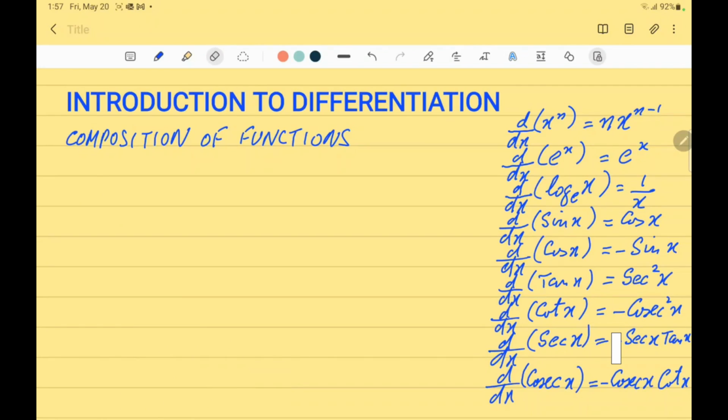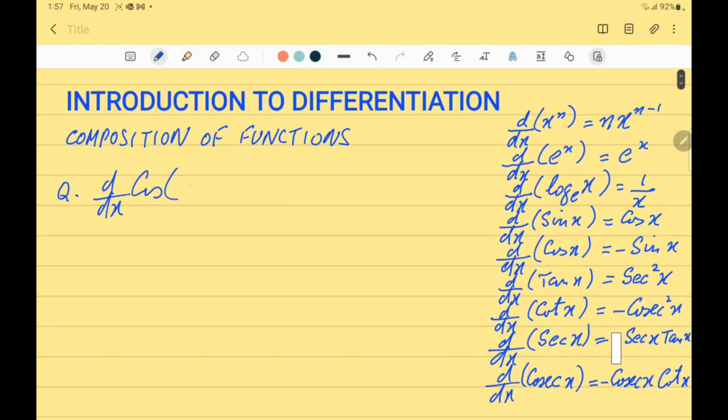Our next example is d by dx of cos log x.